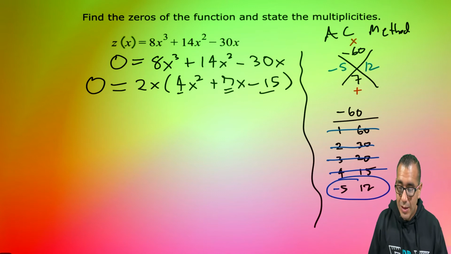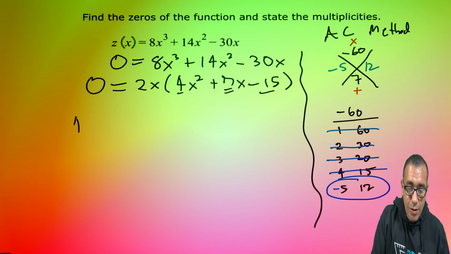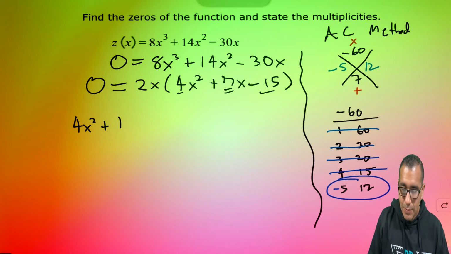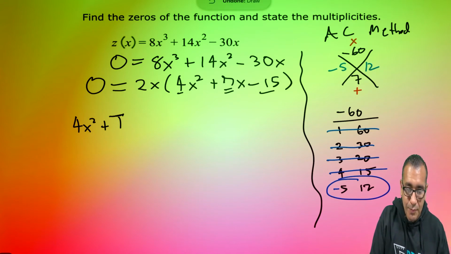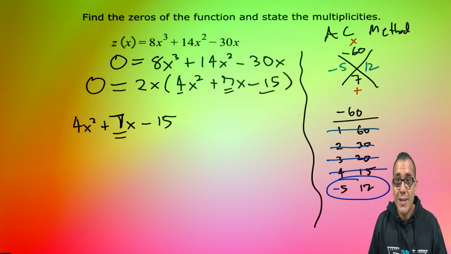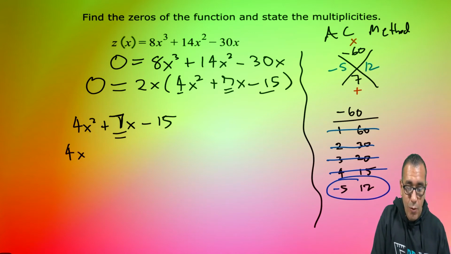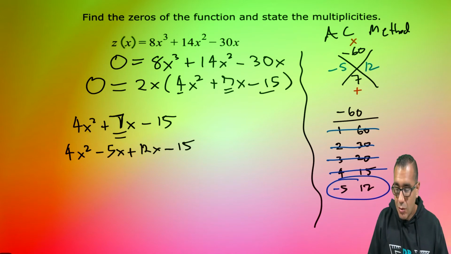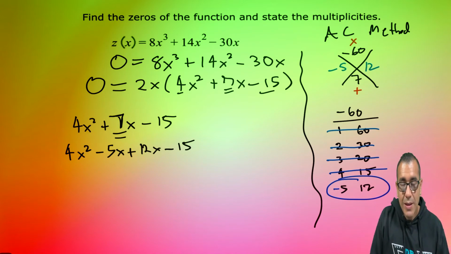Let me just focus on the 4x squared plus 7x minus 15, and I'm going to replace that 7. So I get 4x squared, minus 5x plus 12x, minus 15. When I add these, that just replaces the 7.